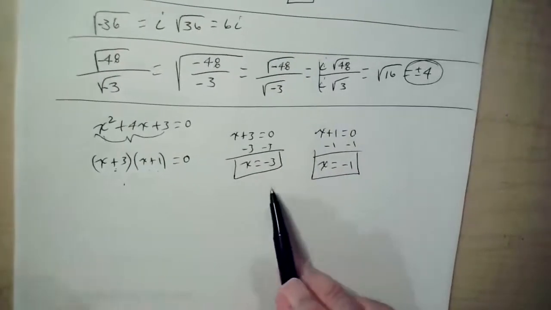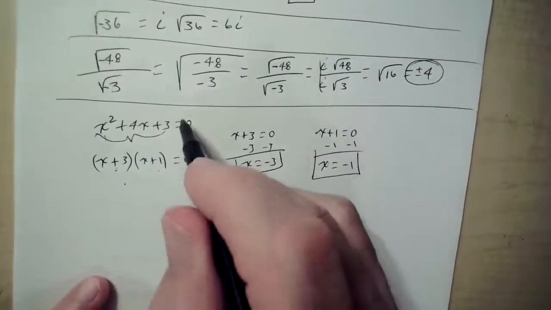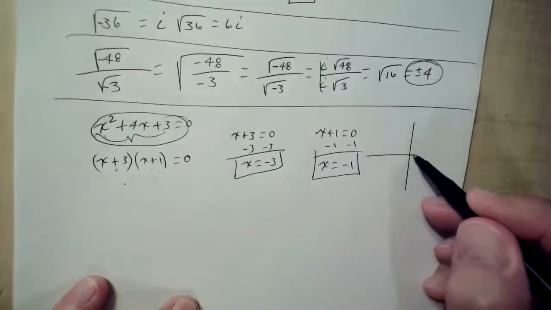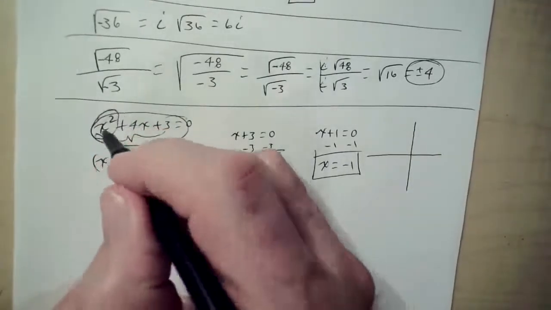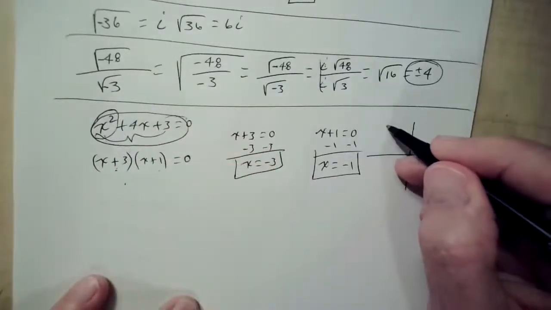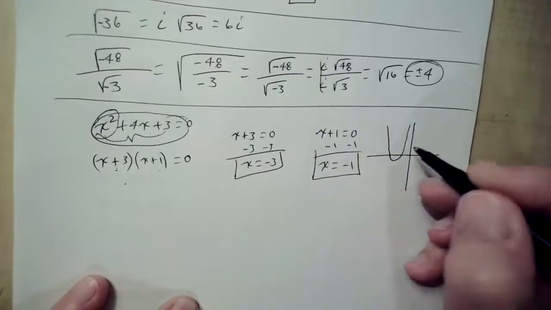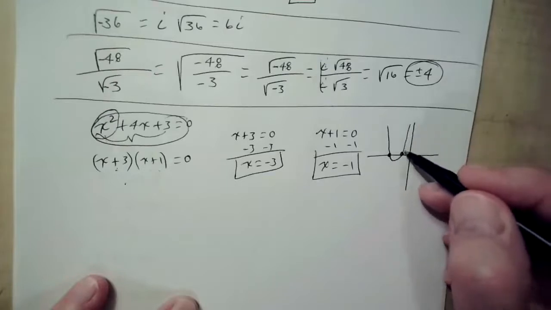Now what happens here is, if you have your handy dandy graphing calculator, you can put this in there, and you're going to get a parabola. A parabola happens when you have an x squared here, and it's going to come down kind of like that. Negative 1 and negative 3.